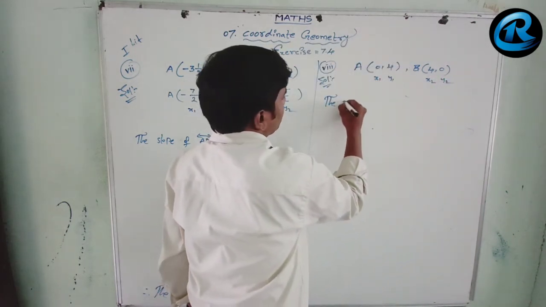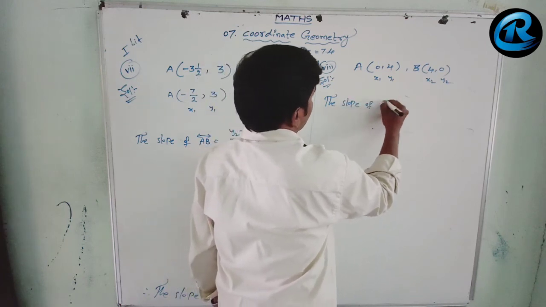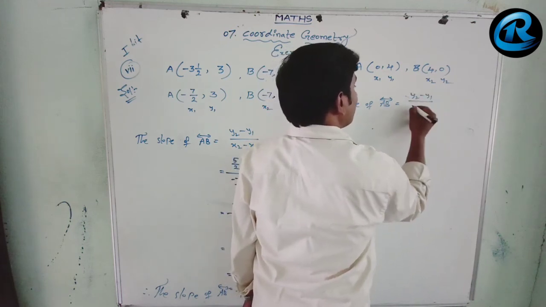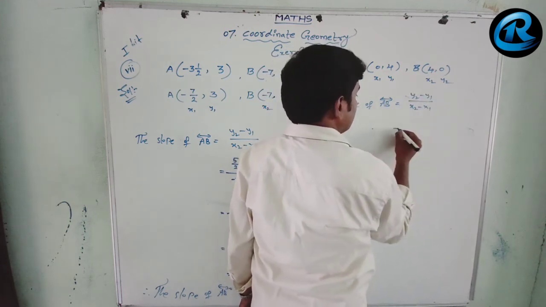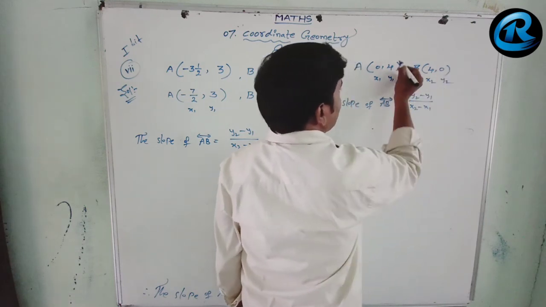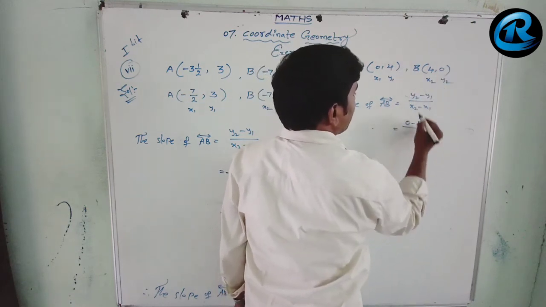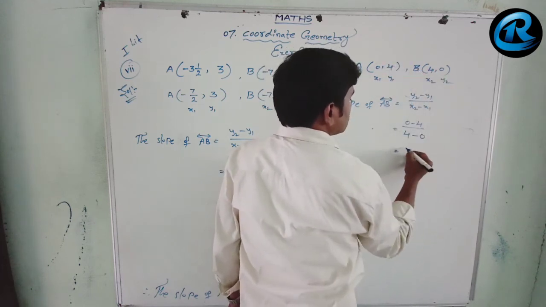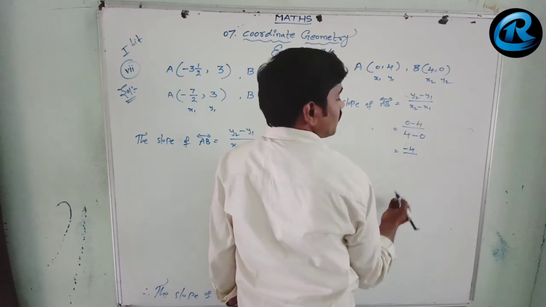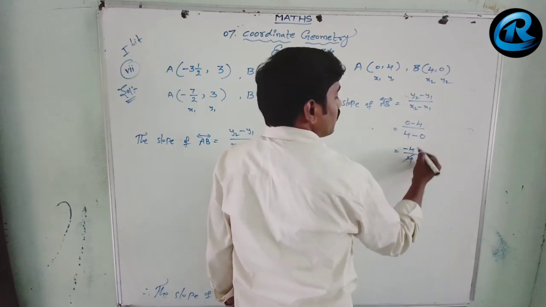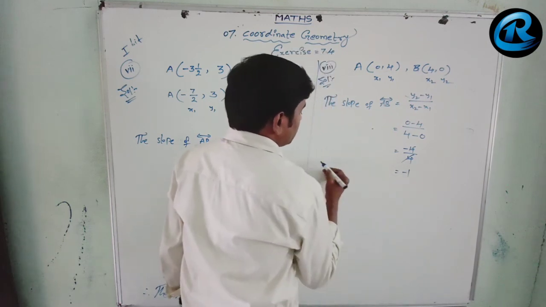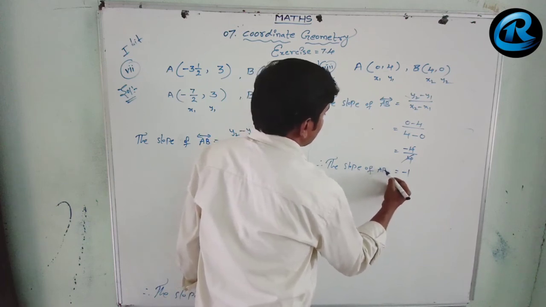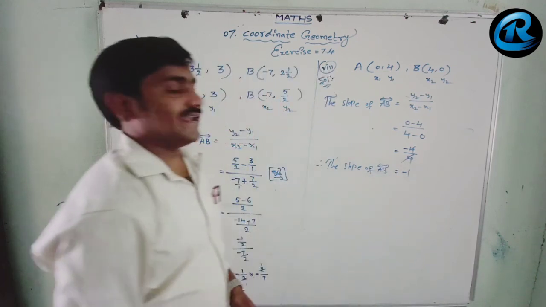The slope of AB is equal to y2 minus y1 by x2 minus x1. y2 minus y1, 0 minus 4, by x2, that is 4, minus x1 is 0, that is 4 minus 0. 0 minus 4 is minus 4. 4 minus 0 is 4. 4 ones are 4, get cancelled, it is minus 1. Therefore, the slope of AB line is equal to minus 1.